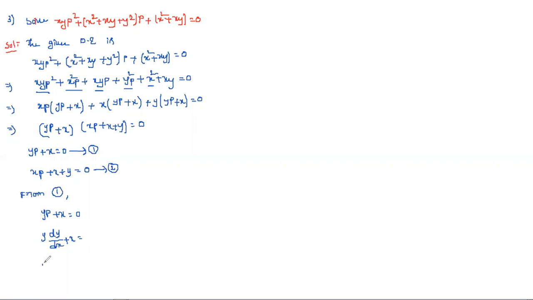Then take this x to the right hand side, and it changes to minus x. Now apply the variable separable method: y terms on one side and x terms on the other side. So y dy is equal to minus x dx.